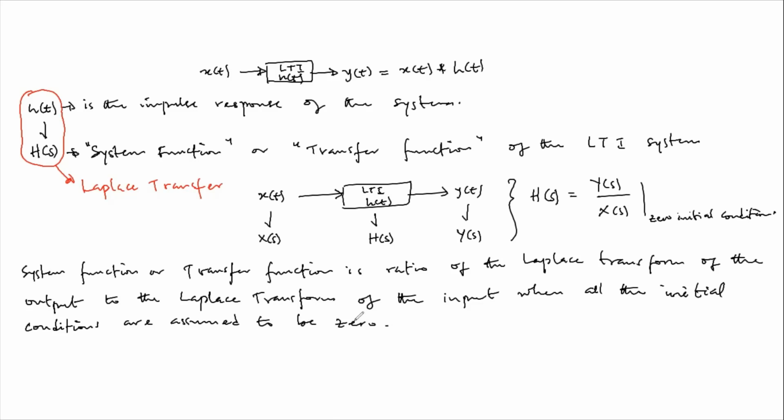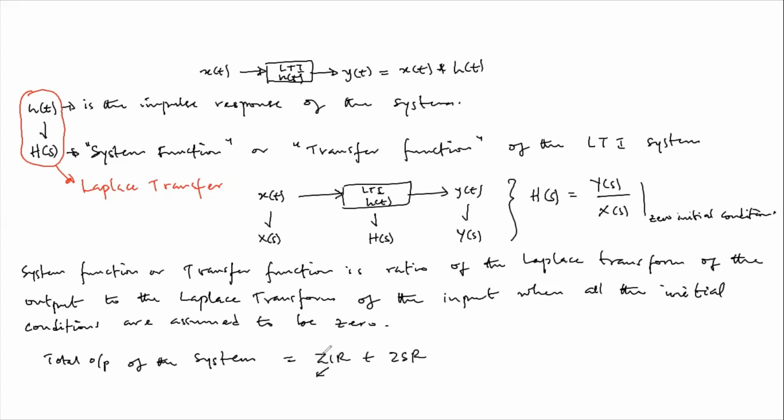And in our previous lecture, we established that for any given linear system, if the input is 0, then the output will be 0. Otherwise, the system is not linear. So the total output of the system is the same as the sum of the zero input response and the zero state response.